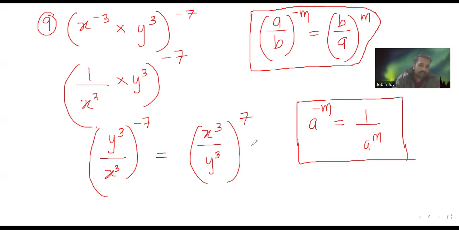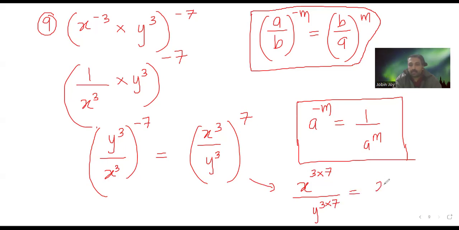So what is the answer? So this will be equal to x raised to 3 into 7 divided by y raised to 3 into 7.